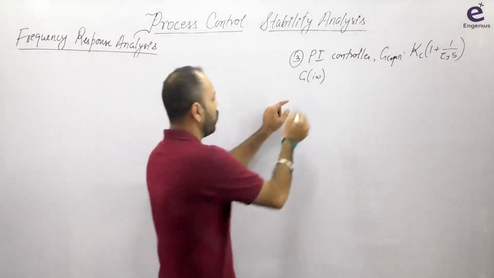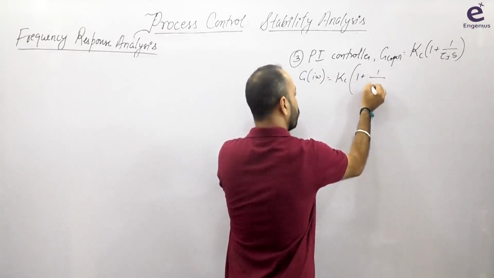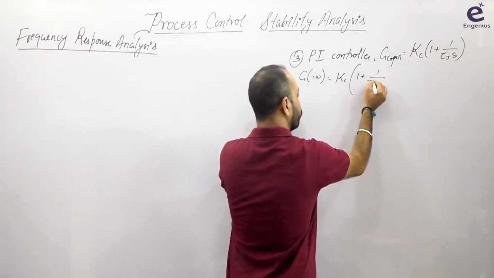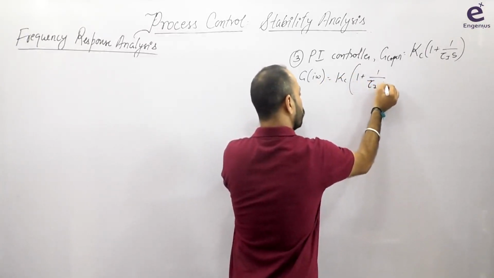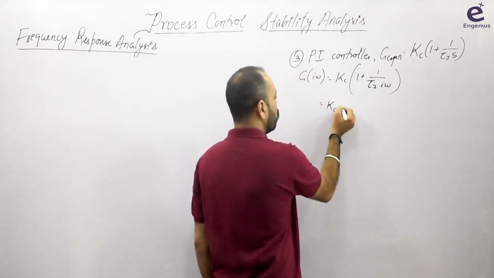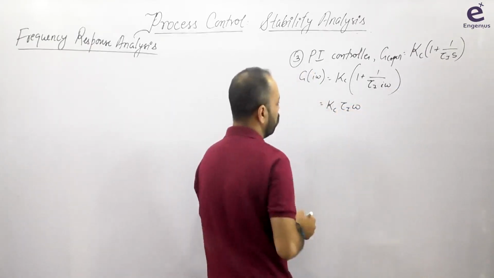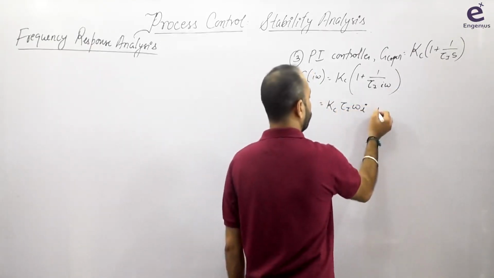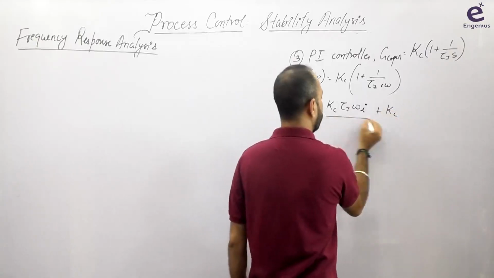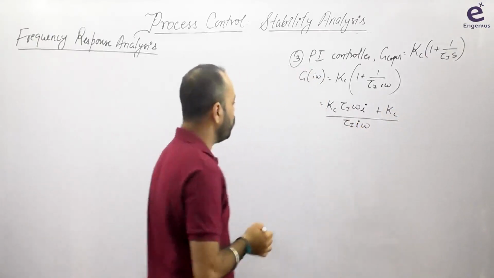So G of iota omega is equal to Kc into 1 plus 1 by iota omega tau I. Taking the LCM, that becomes Kc into tau I into omega into iota plus Kc, divided by tau I iota omega. LCM taken correctly, right?